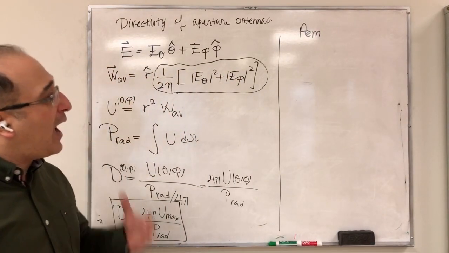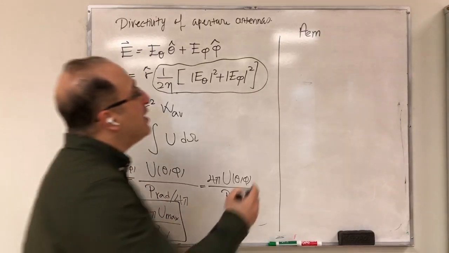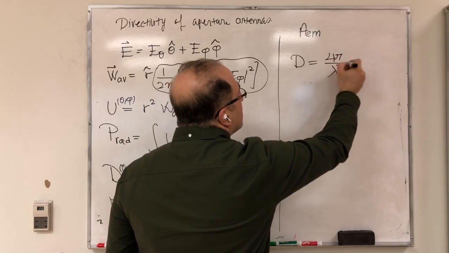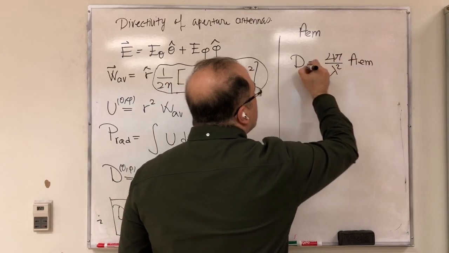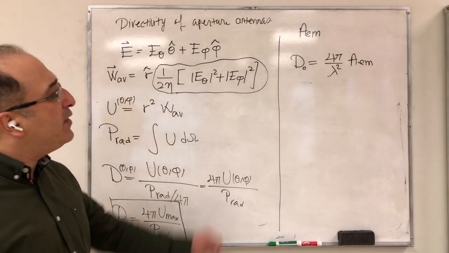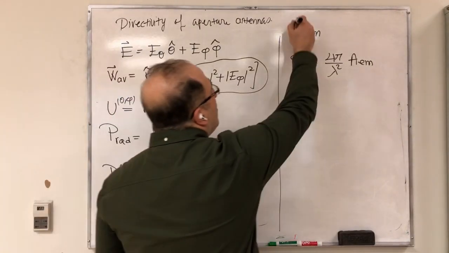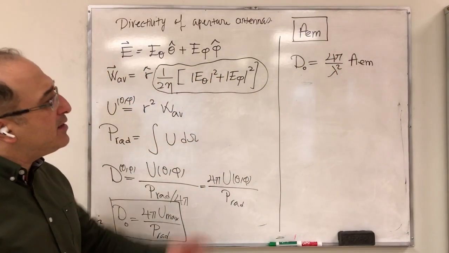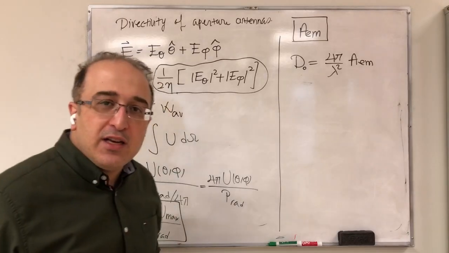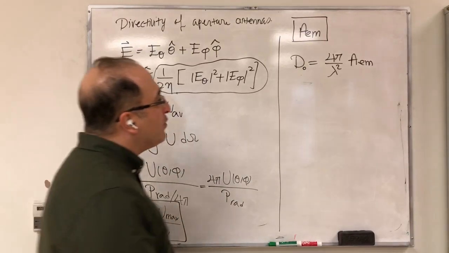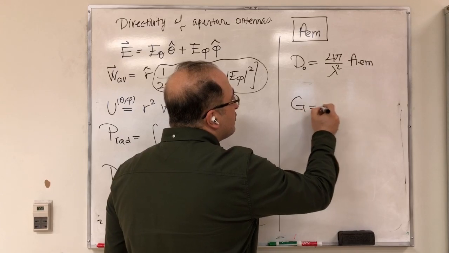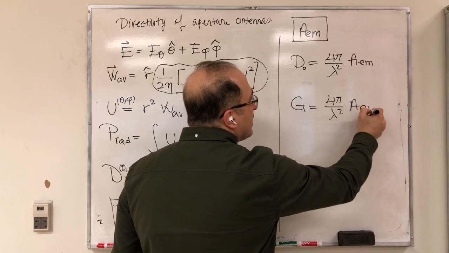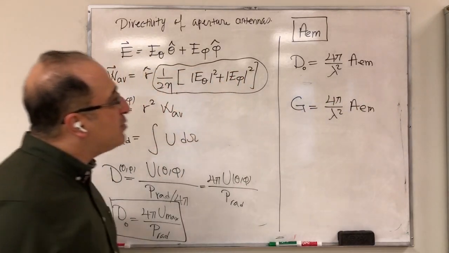After knowing maximum effective area, we estimate directivity as, so this is D naught, like that. So this is essentially the procedure: I'm going to find the maximum effective area, and I'm going to use that to find directivity. Remember, we've already used this equation in the Friis equation. So we've essentially used gain is 4 pi over lambda squared times effective area or maximum effective area. That's what we used before.